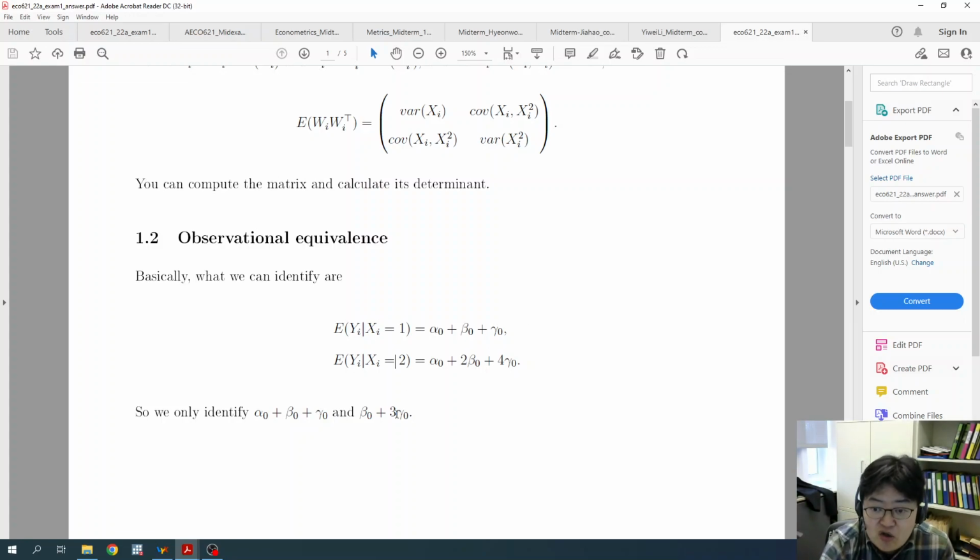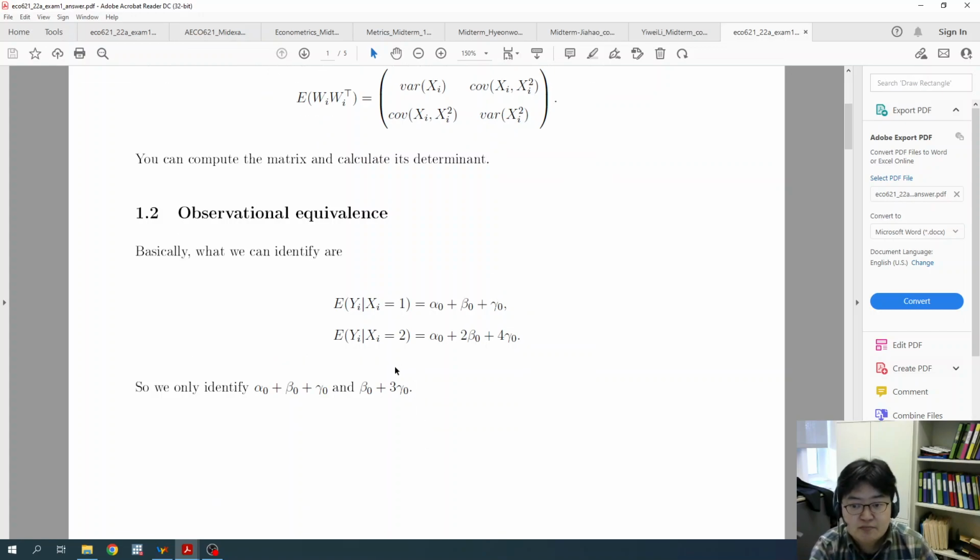That means you cannot distinguish, for example, beta if the difference was 10, then this equals 10, but it does not say what is beta and what is gamma. For example, beta could be 10 but gamma is 0. Or beta equals 0 but gamma is 10 over 3. So we cannot tell what is what. There is an infinite number of combinations between beta and gamma that satisfy the equation. So that's the basic intuition.